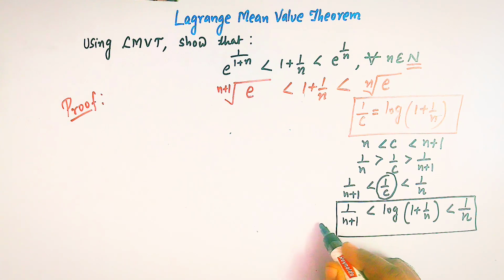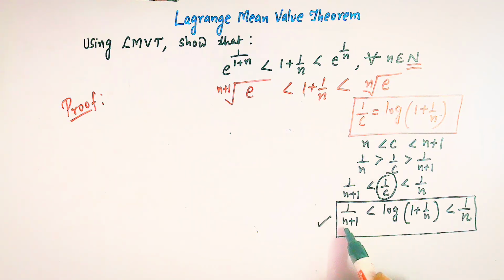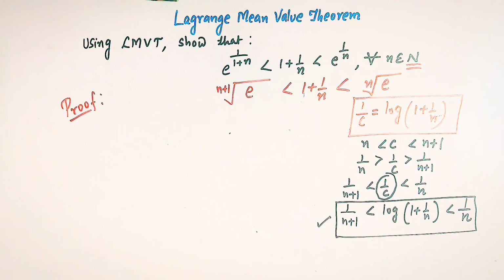So viewers, here we have obtained an important inequality, that is for all natural numbers we have 1 over n plus 1 is less than log of 1 plus 1 over n, that is less than 1 over n, right?